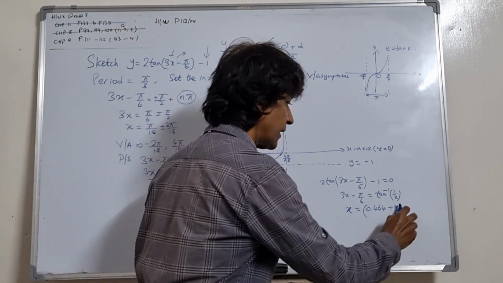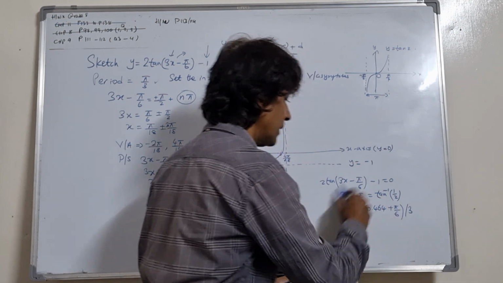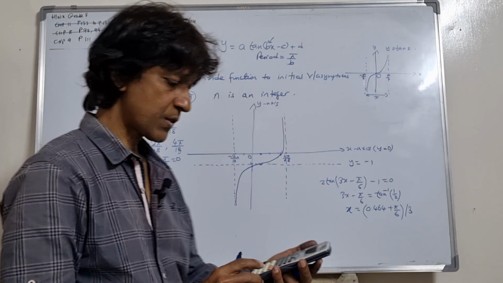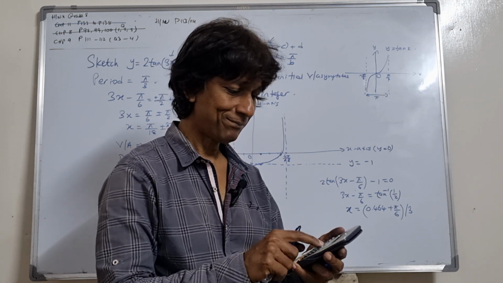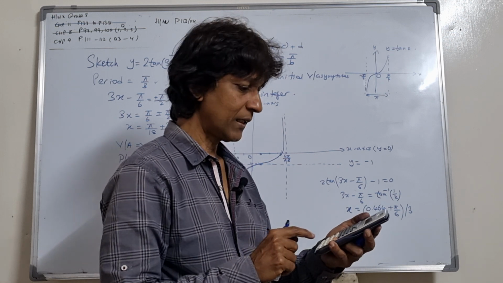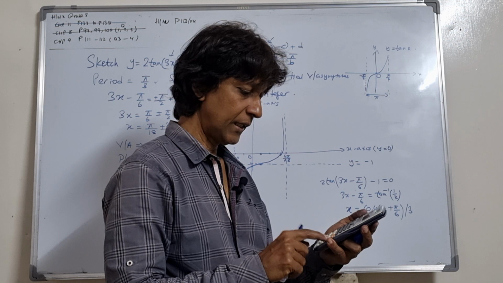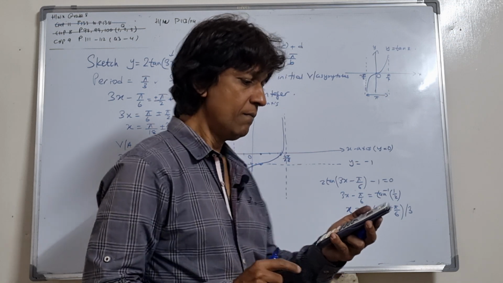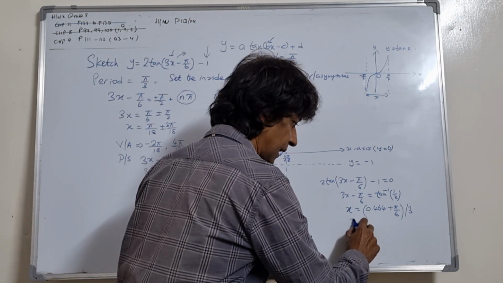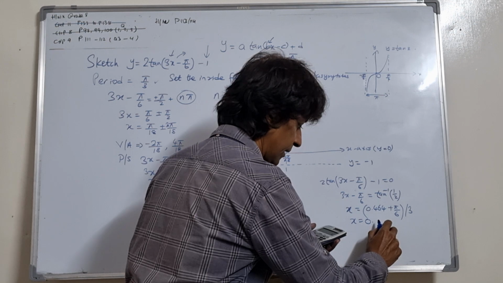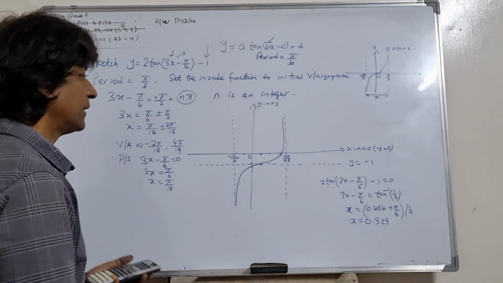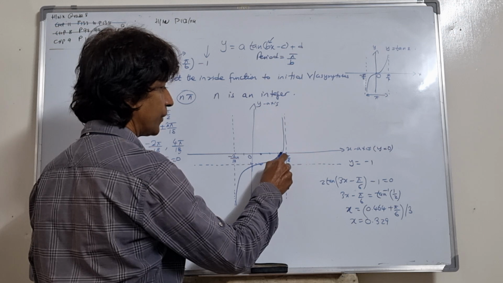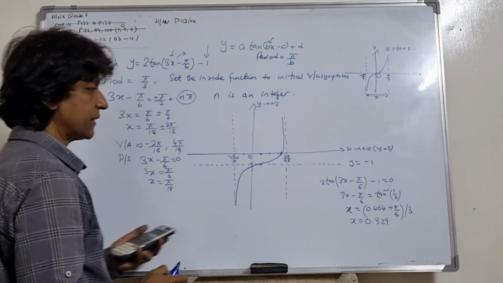So you add it on both sides, and then you divide by 3, because that's 3x. So I'm going to add on pi upon 6. It turns out to be 0.987, and all of that divided by 3, and I get x as 0.329. So that's my value of x. Turns out that this is the value of x where it crosses the x-axis.